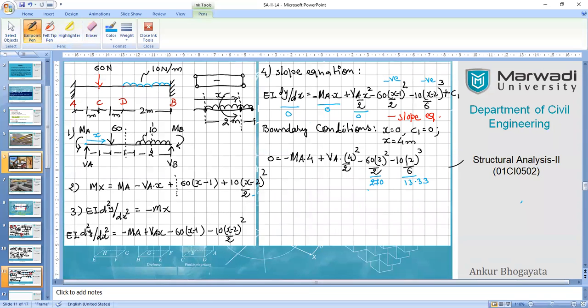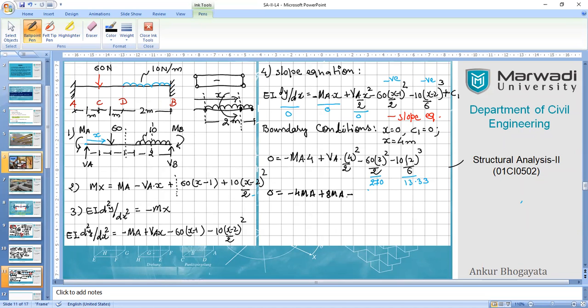So now we are ready to develop our first equation. Let me change the color also. 0 equals to minus 4 MA plus, here you can see 4 square divided by 2, so it would be 8 VA, right?